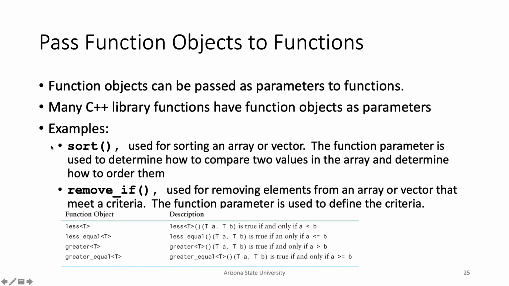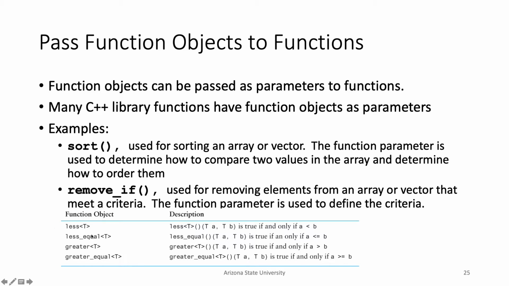Then in sort, what we can say is, okay, I have a vector of ASU students, sort from the beginning to the end, and then the predicate that we pass in is saying, okay, I have two ASU students here, and then the result of it is we want them to be sorted in some order, meaning that one GPA is higher than the other.